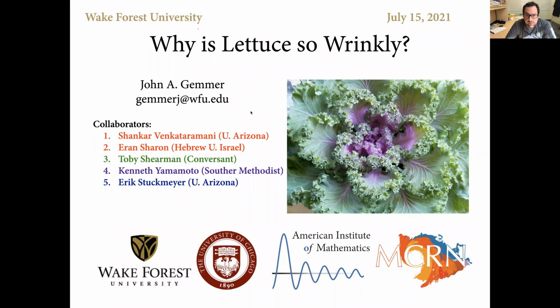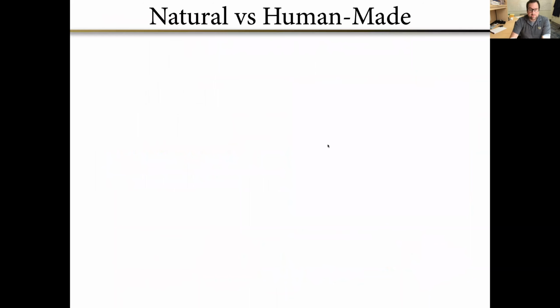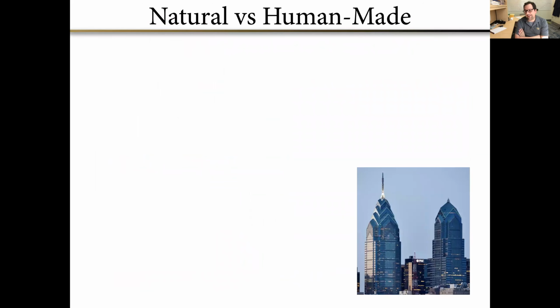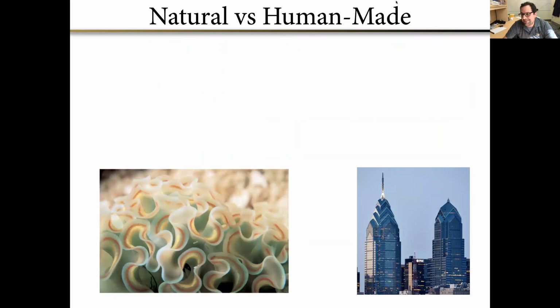Okay, so the talk itself, I want to begin with just simple things: an observation of what is the difference between something that arises in nature versus something that is man-made. The two pictures I have, one is just the skyline of a city.